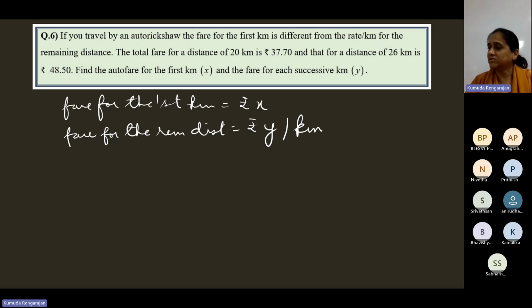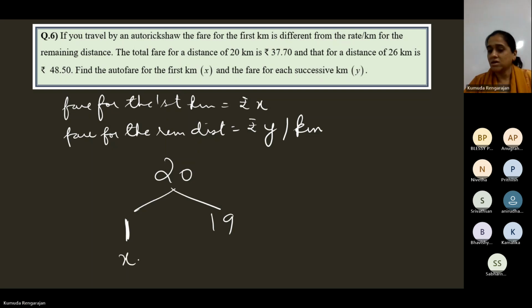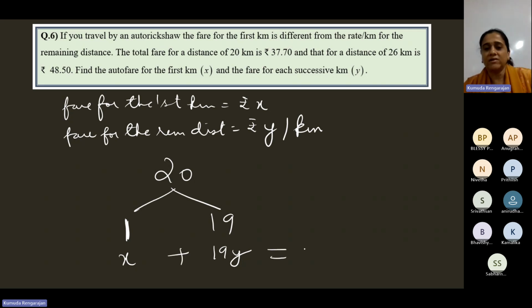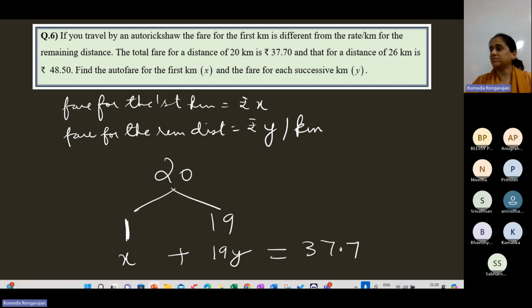Then for the remaining distance, it is Y rupees per kilometer. So if you travel 20 kilometers by that auto, how will he calculate your total fare? He'll break down 20 as 1 and 19, because the first kilometer is separate, and the remaining distance, 20 minus 1, 19, is separate. For the first kilometer, you pay X rupees. For the remaining 19 kilometers, 1 kilometer is Y rupees, so 19 kilometers is 19Y rupees. So you pay X plus 19Y, and that is 37 rupees 70 paise.